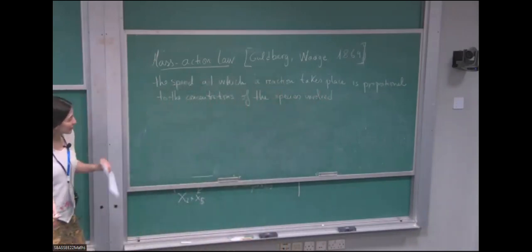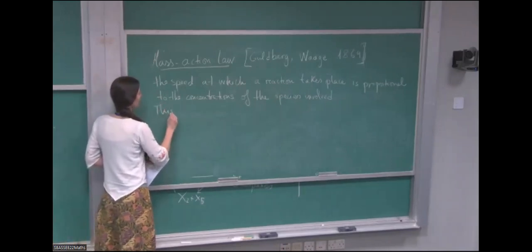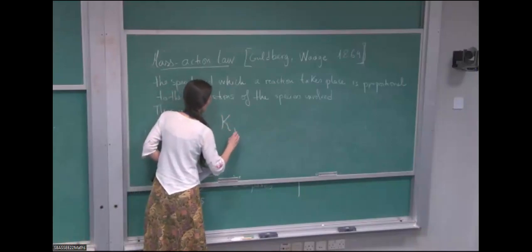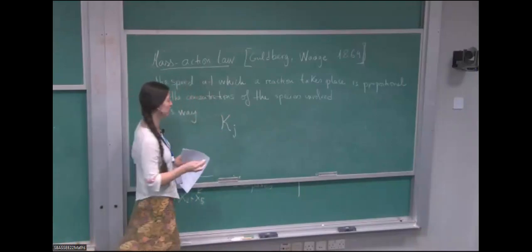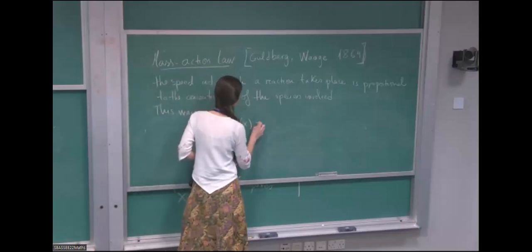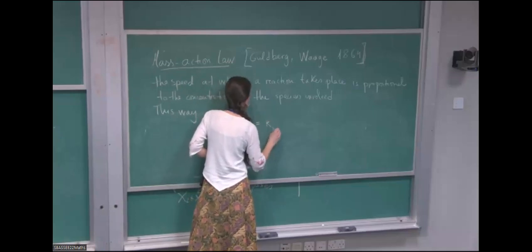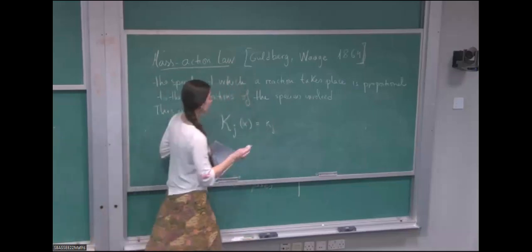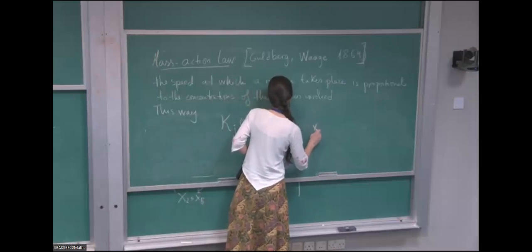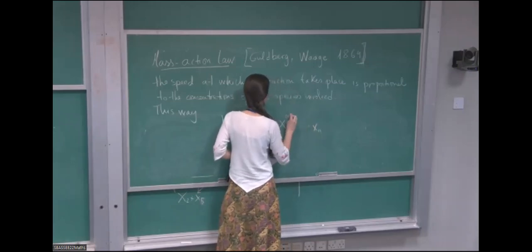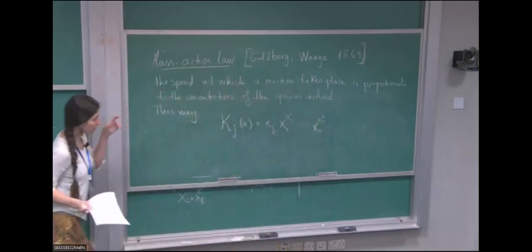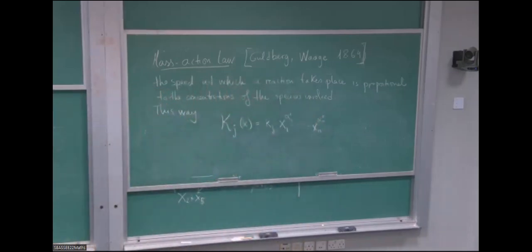So under this assumption, my kinetic functions would be of this form. For reaction j, I will have a function that is proportional, so there would be some constant here, to the concentrations of all the species that are in the reactant.